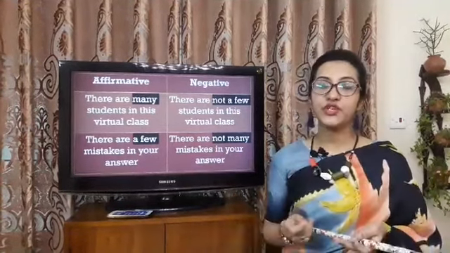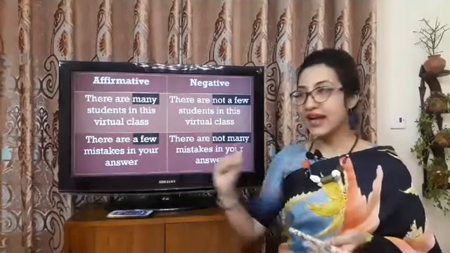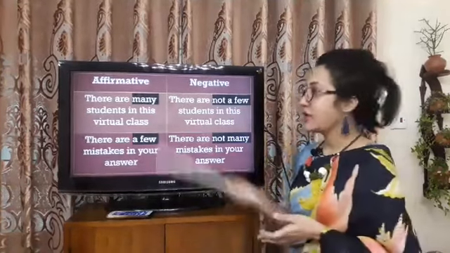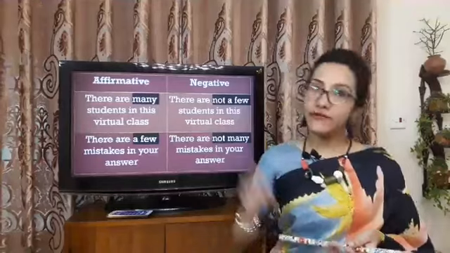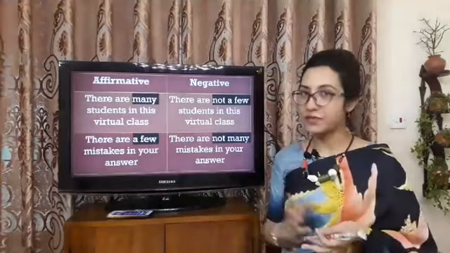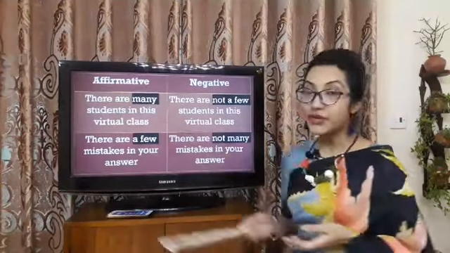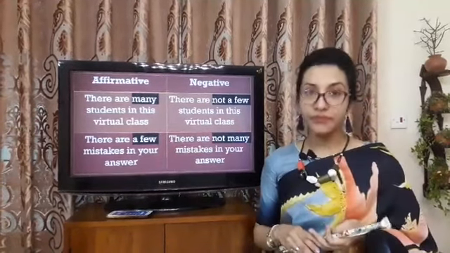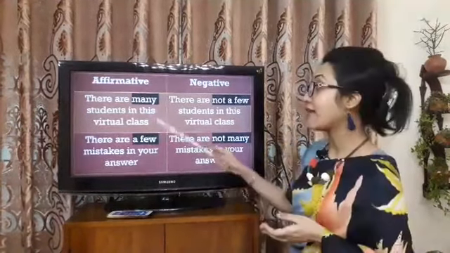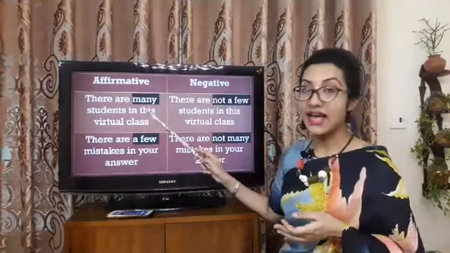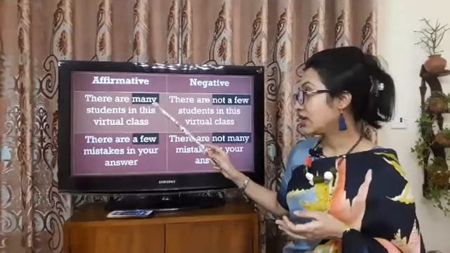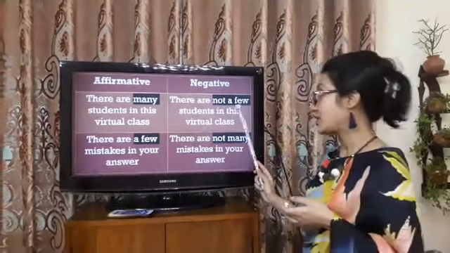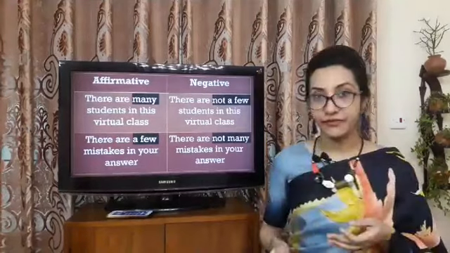In negative, we are just going to use not and then the adjective. Many thakle a few, a few thakle many. It's as simple as that. So again I'm repeating, if you have a countable noun and you have many as your adjective in affirmative, you are going to write not a few in negative.